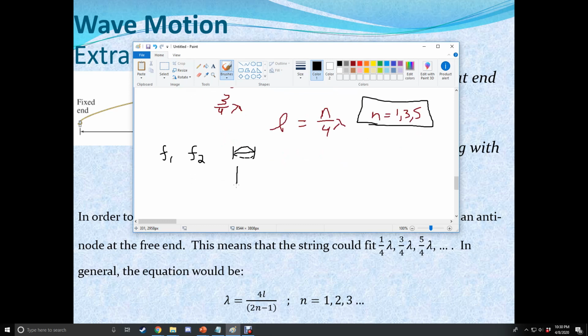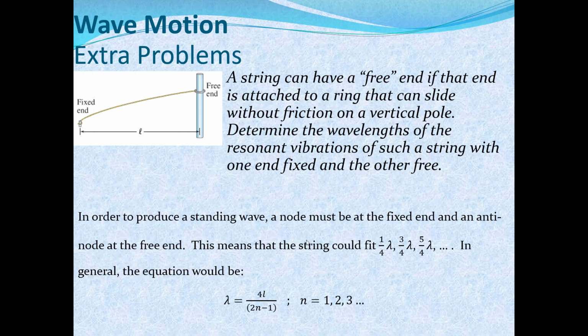But when you have a case that's fixed and then free, so node to antinode, the next frequency is usually called the third harmonic, and then the fifth harmonic. So they actually do call it odd numbers, so it might actually be easier to write it like this. Like I said, it's whatever the question is dealing with.